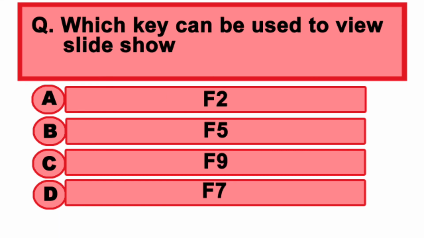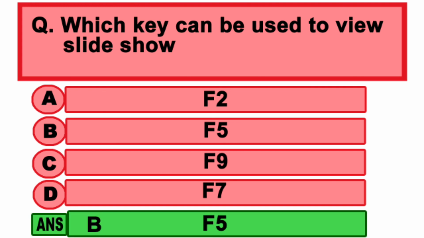Which key can be used to view slideshow? The options are A. F2, B. F5, C. F9, D. F7. Let's see the options in detail. In PowerPoint, F2 cycles between the text for editing and selecting the object itself, for moving or formatting.